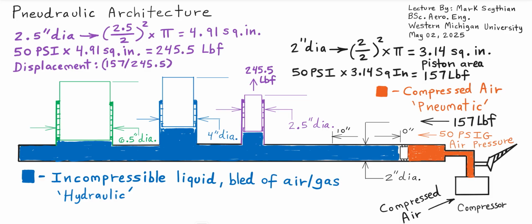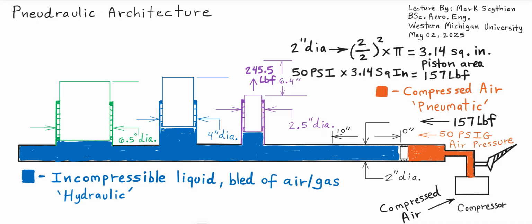So we can always divide the lower number, 157 pounds input, into the higher number, 245.5. Then that ratio multiply times 10 inches. So the purple hydraulic output will displace 6.4 inches and exert a force amplification to 245.5 pounds force.